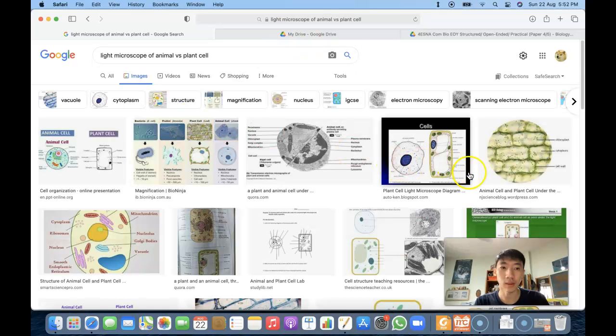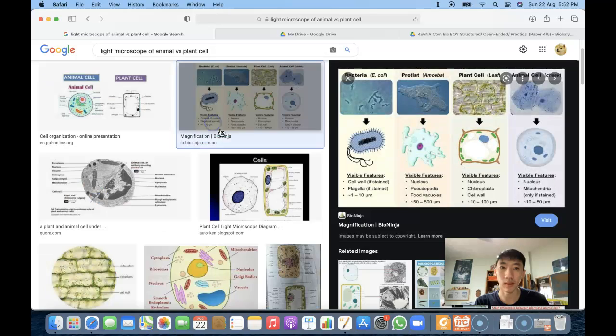And we can see, let's see this picture. In this picture you can see the plant cell. You can see the cell wall, you can see the chloroplast, and if you look really carefully at this little dot there, that is the nucleus.